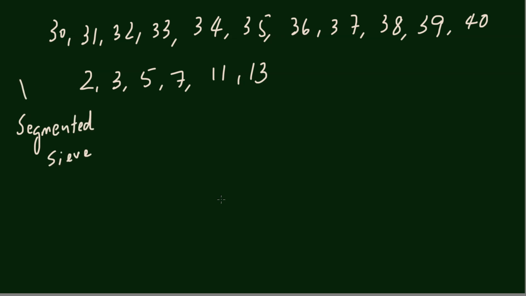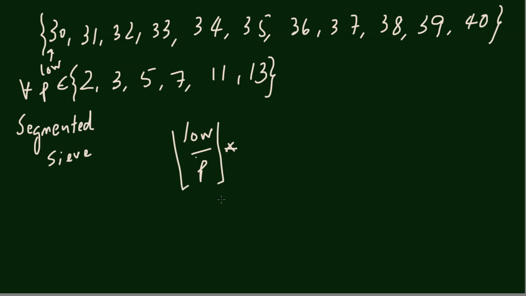So how this goes is, for every prime number p in this range, we compute this value. Low here is basically the lowest number in our range. And then we take the floor of this and multiply it with p. This gives us our start index.